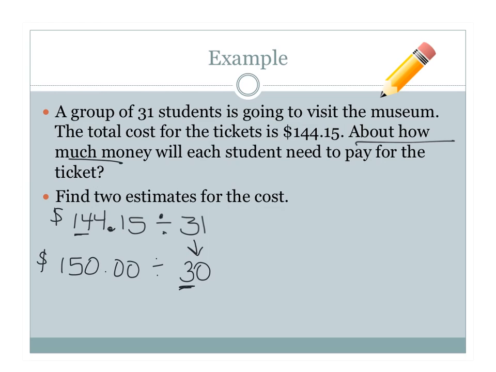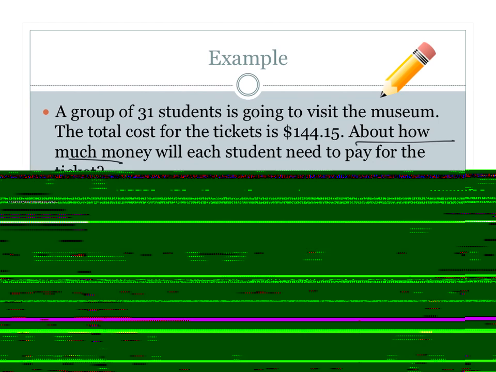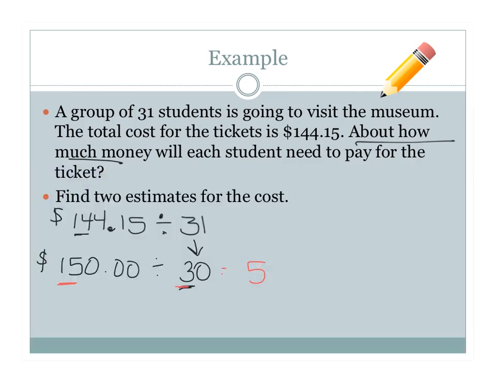Because these numbers are compatible, I can do this mentally. 15 divided by 3 is 5. This 0 and this 0 cancel, and the rest is money. So one estimate was that it's going to cost about $5.